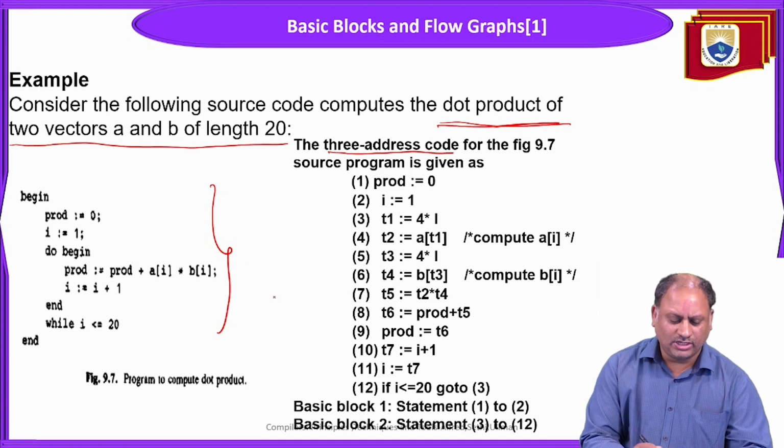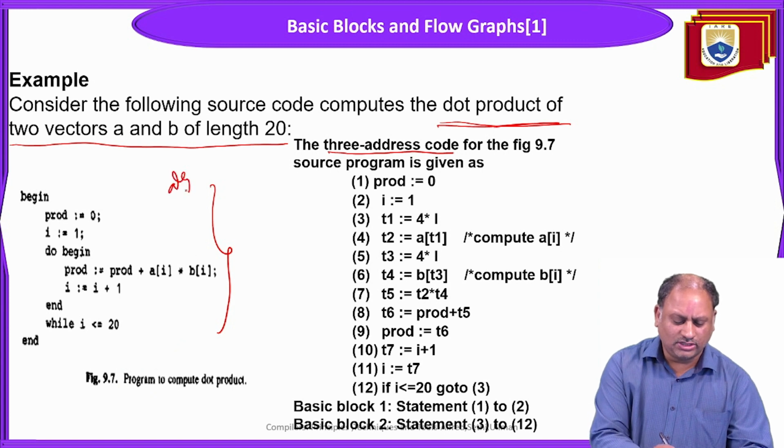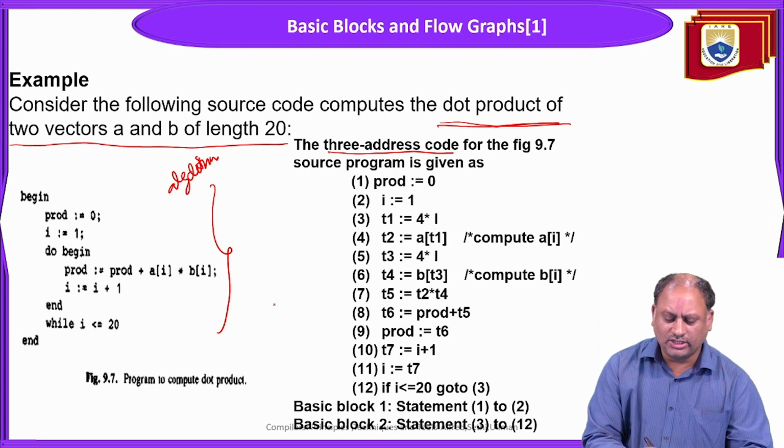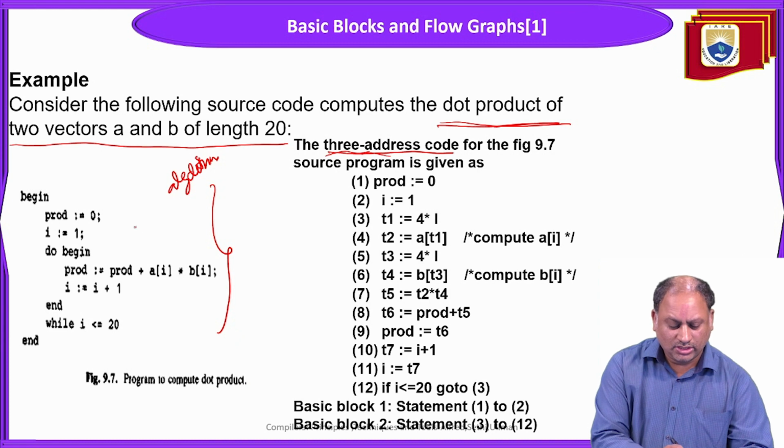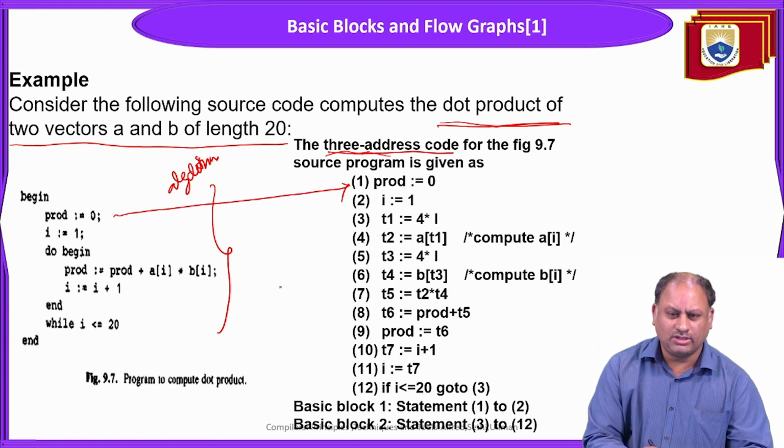The algorithmic steps are on the left-hand side, and the three-address code generated for each step is on the right-hand side. Product equals 0 is the first statement, and i equals 1 is the second statement.